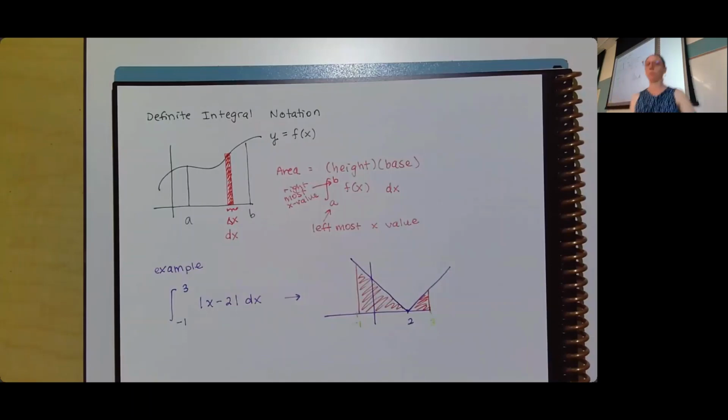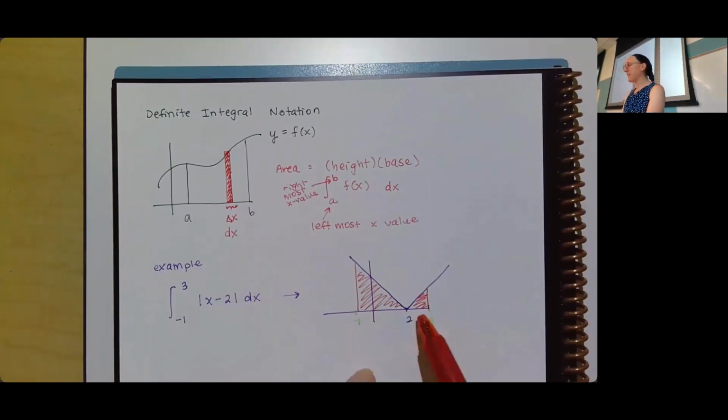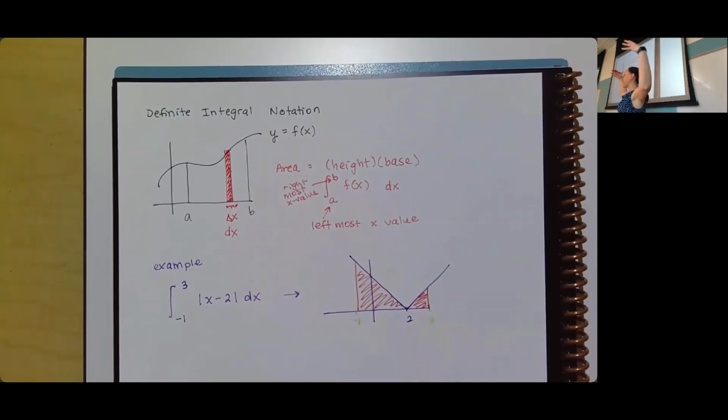So when we talk about it, we secretly mean it's the area under the curve, but above the x-axis. The reason that's important in terms of notation is that we call all of these heights that are above the x-axis positive. And we call heights that are below the x-axis negative, because they have negative y values.